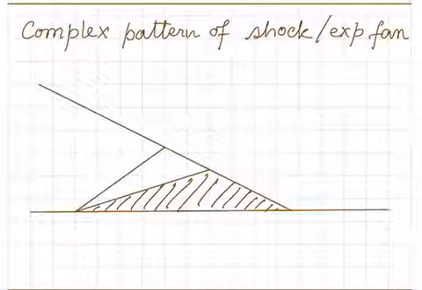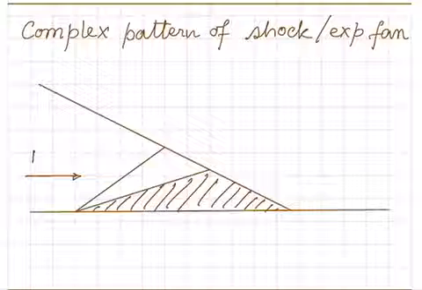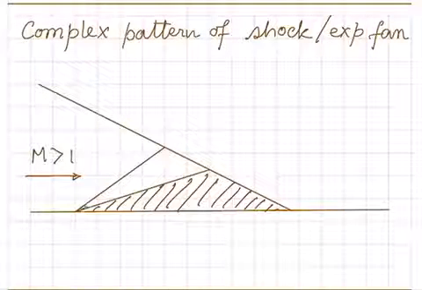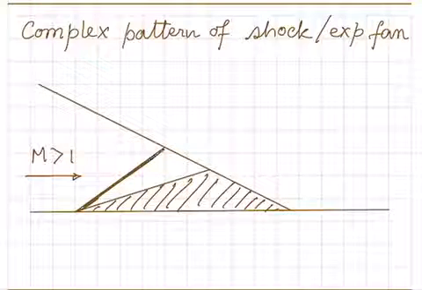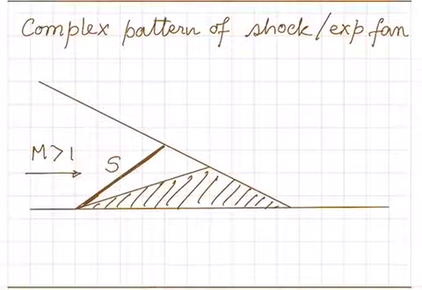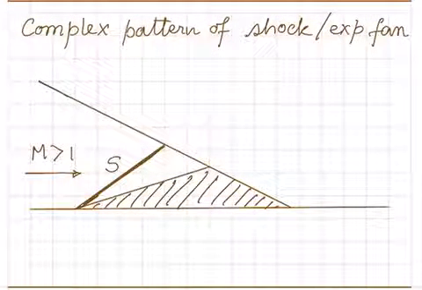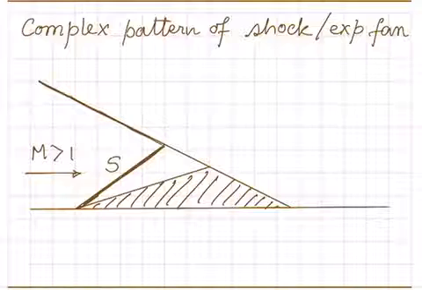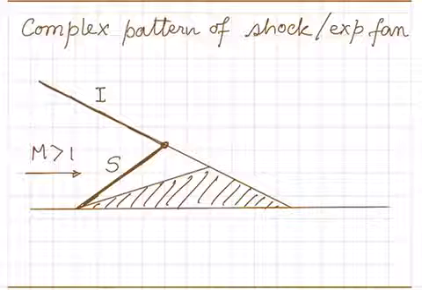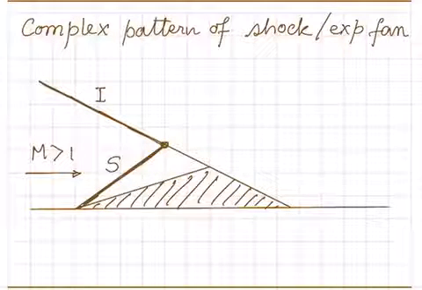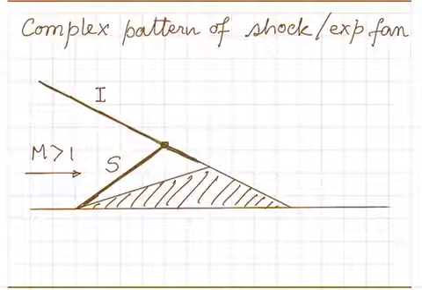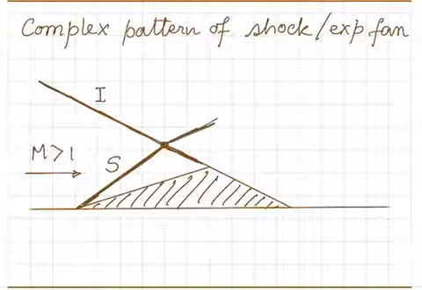Flow coming in from the left has to go through a separation shock S, which meets the incident shock I, and there is a shock-shock interaction. When two shocks of this kind meet, they generate two additional shock waves. Here is the one, and here is the other.